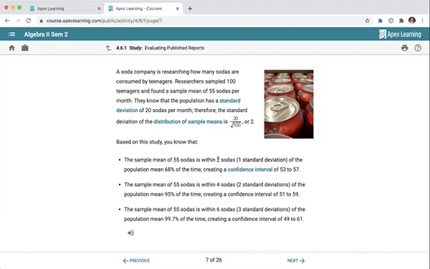Because of this 2 soda confidence, we now create our confidence interval being plus or minus 2 sodas from 55. So we go down to 53, up to 57. Same thing with our 2 standard deviation and our 3 standard deviation. If I look at 3 standard deviations, this would be a 3 out front, so it would be 3 times 2, which gives us our 6 soda interval.